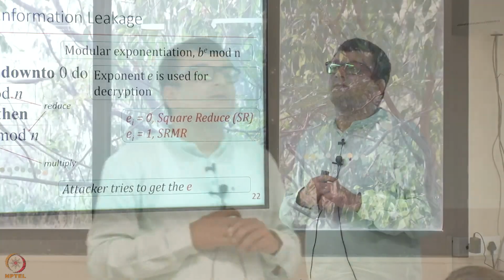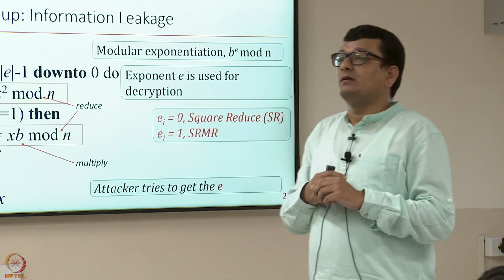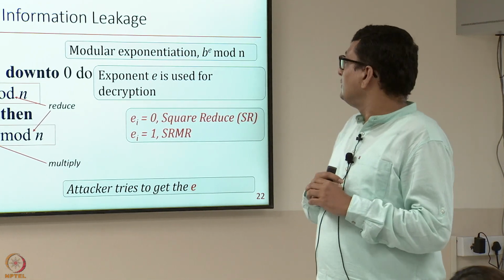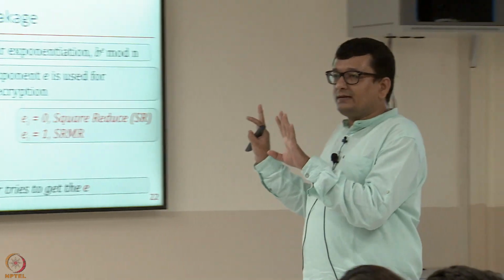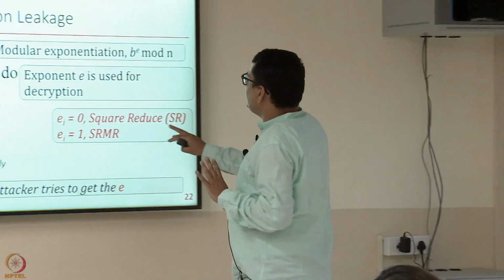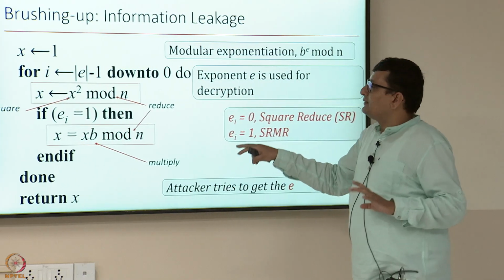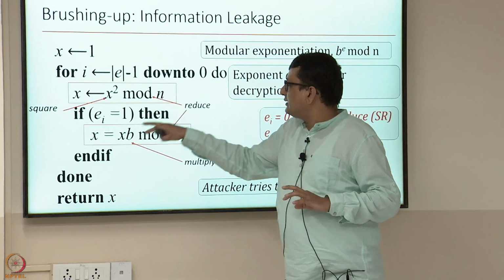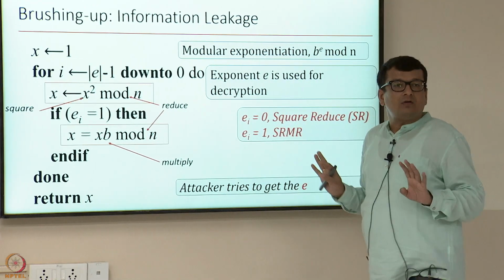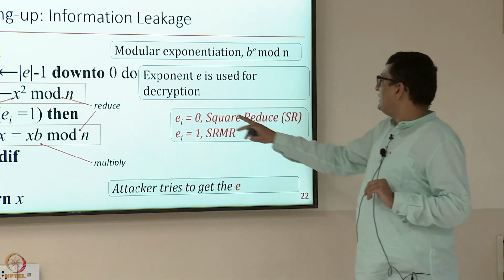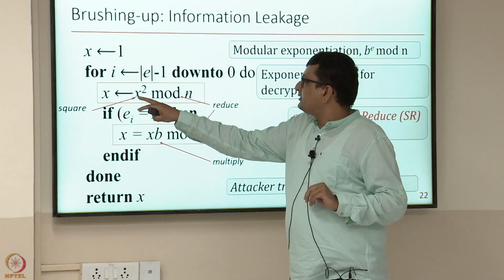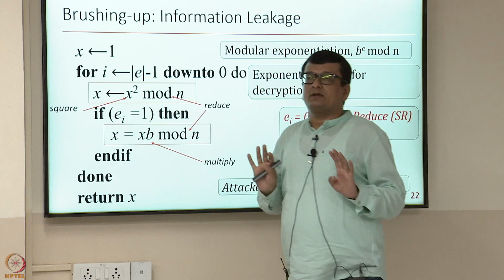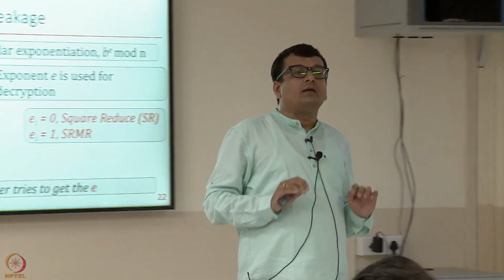Sir, if the bit is 1, then the multiply part will also be there. That is clear. So the deduction is if the bit is 1, then it is doing square, reduce and multiply, reduce, all 4. If the bit is 0, then it is doing only square and reduce, it's not entering into the multiplication. That is clear, right?